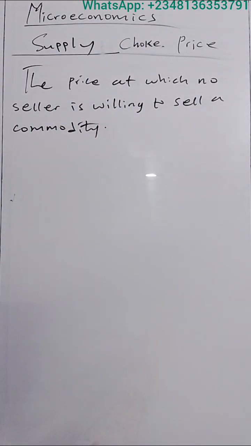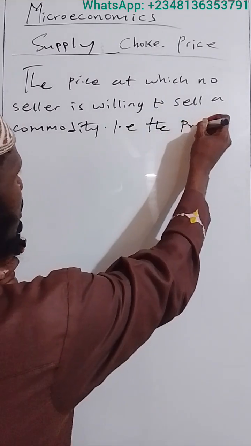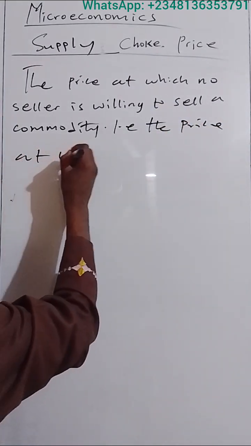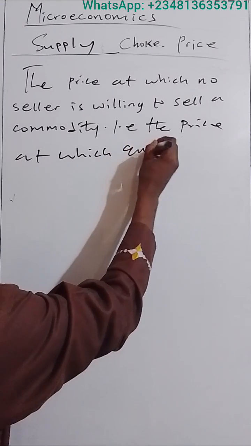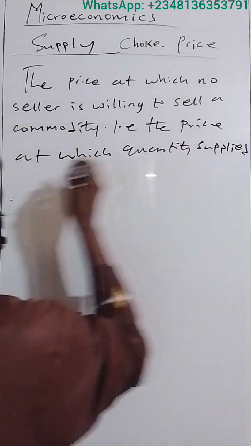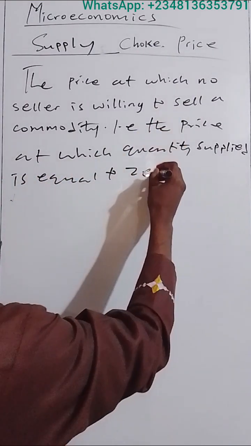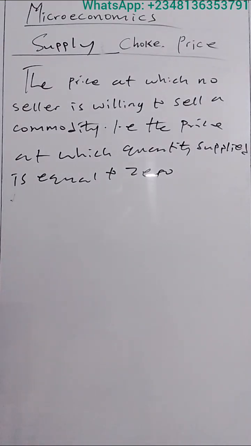So this statement is equivalent to saying that it is the price at which quantity supplied is equal to zero. How do we know the price at which no seller is willing to sell a commodity? We just look at the price at which the quantity supplied is equal to zero. Quantity supplied being equal to zero means that the sellers are not willing to sell a commodity.